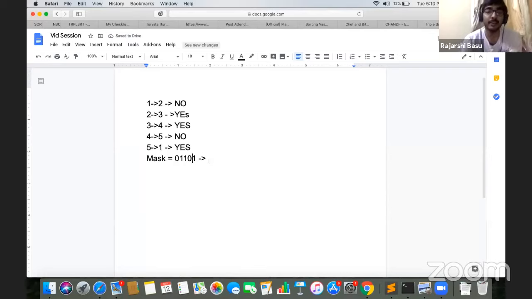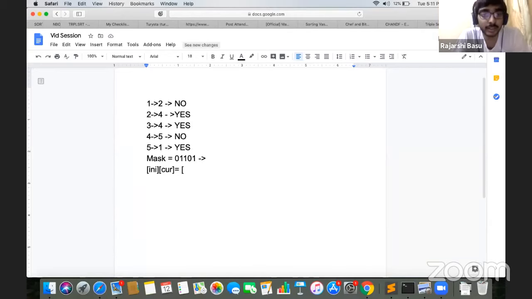And let's say this was our mask, and initial and current were, let me give a better example actually. So we have 1 to 2, 2 to 3, let's keep this at 2 to 4 as well. This might not actually be a correct thing, but I'm just showing how we do the transitions.